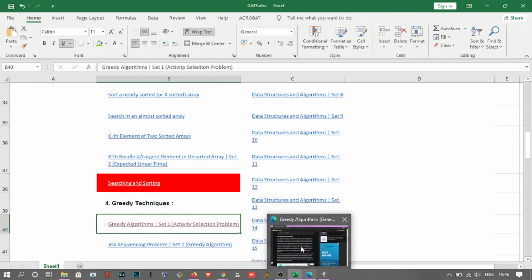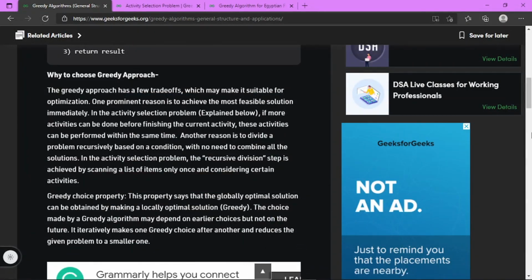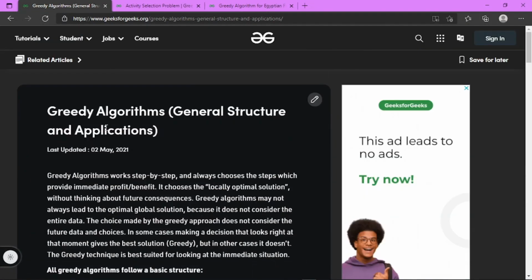So first of all we will see what greedy algorithms actually are. Greedy algorithm is a name given to a technique that optimizes a solution by looking at near elements or near data to take its decision, and not the entire data.